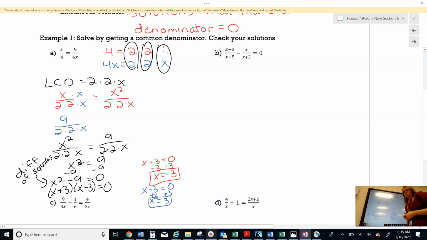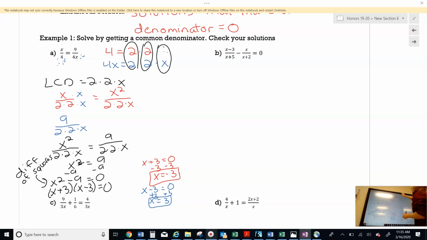Okay. So those are our two answers. Now I want to check them. If I plug in negative 3, well, there's no x here, so it's not going to affect this one at all. If I plug negative 3 or 3 into 4x, it's not going to make it 0. So I do not have to worry about any of these being extraneous.